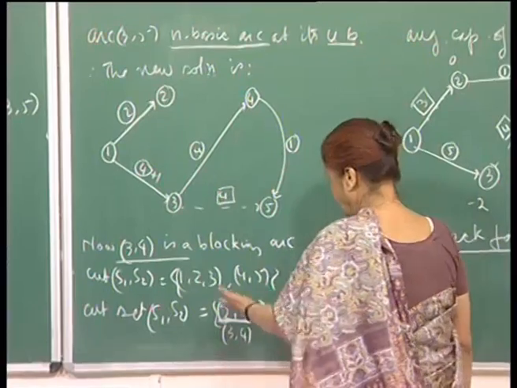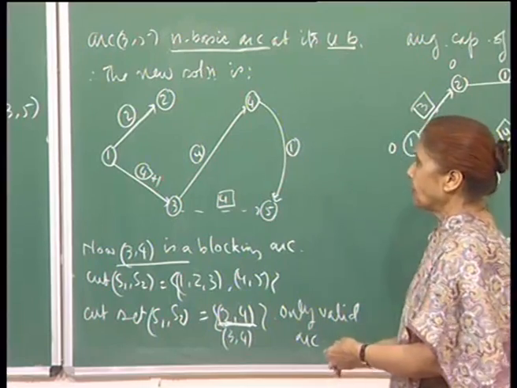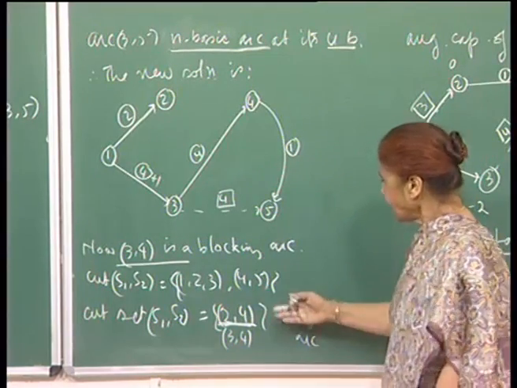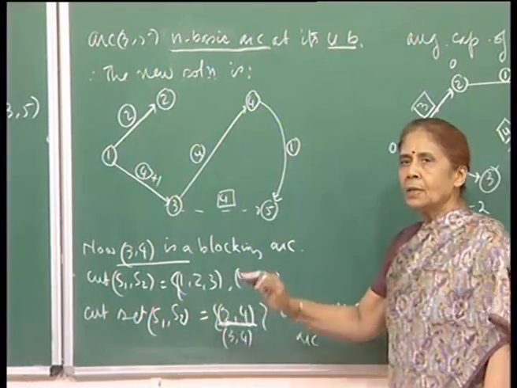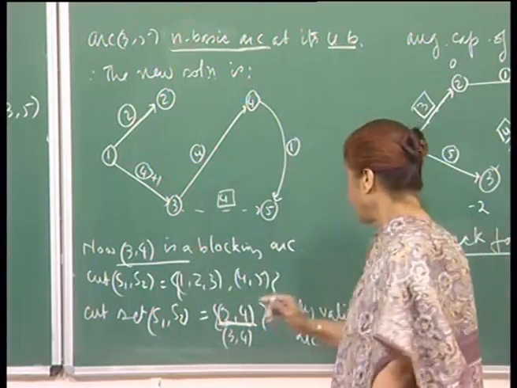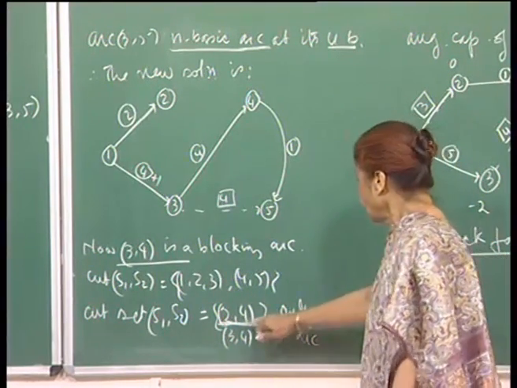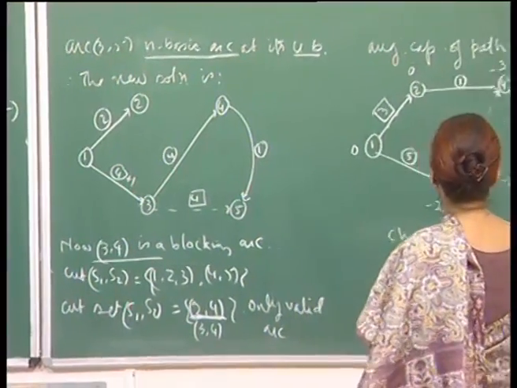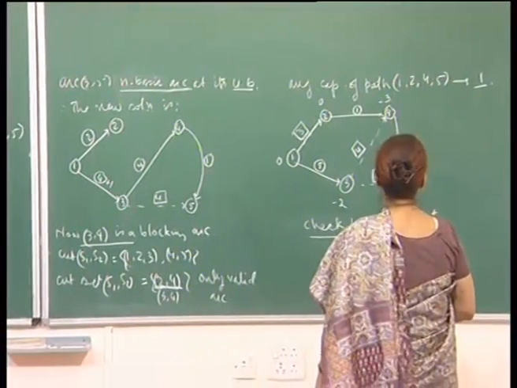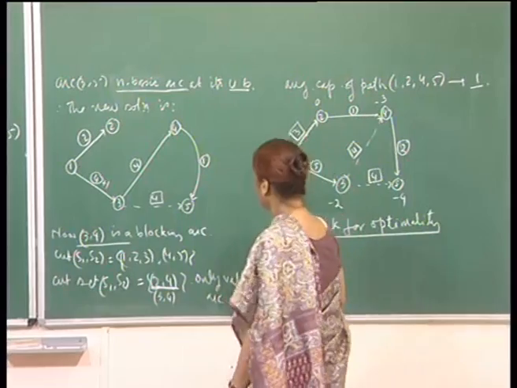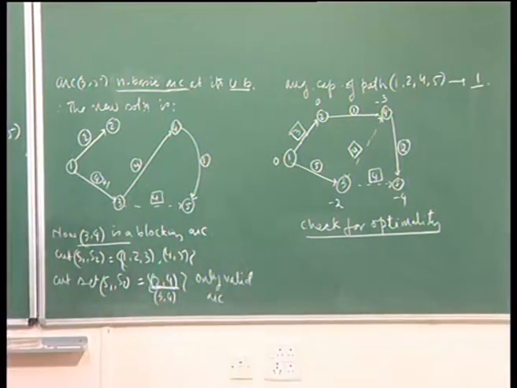So, hopefully, in the assignment sheet I will be able to give you a problem in which you have more than one valid arc, and then you will have to make the choice by the relative cost of the arc. Okay. So, then 2 4 is the only valid arc, and the augmenting path is 1 2 4 5. Yeah.